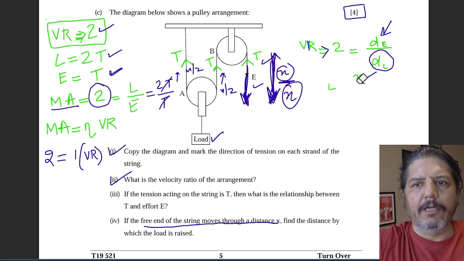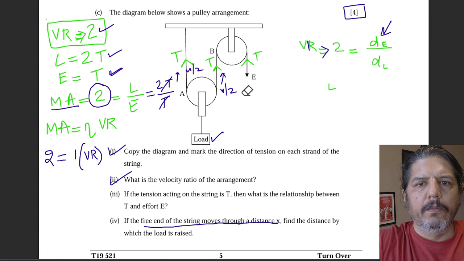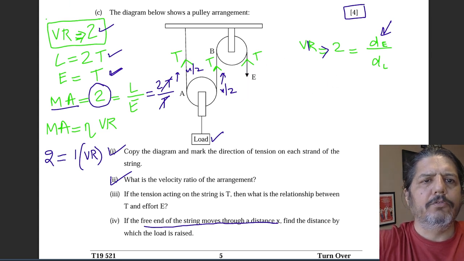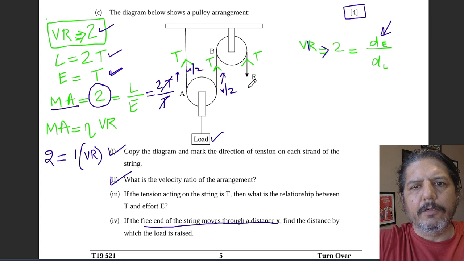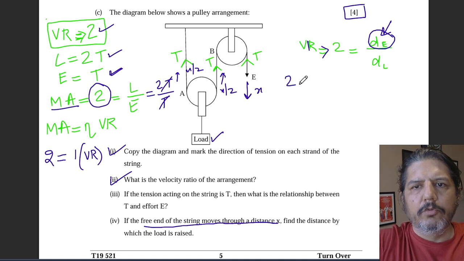In case there is a confusion, I'll write this again, so that there is no confusion. See, this part of the effort will go down by x. So this distance will be x. So 2 is equal to x by dL.